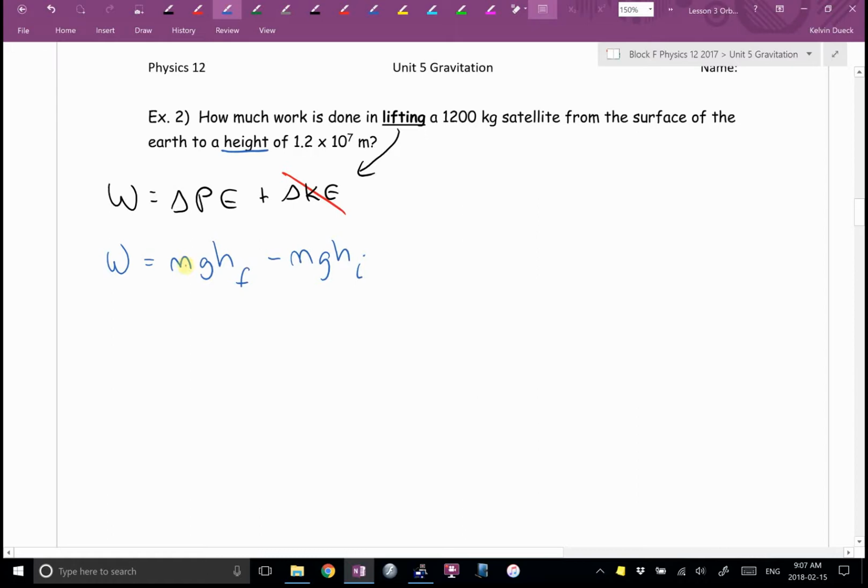Yeah, we're going cosmic. So we're going to use our new potential energy equation. Negative big G, big M, little m over, and what's changing is R. So R final, minus negative big G, big M, little m over R initial.